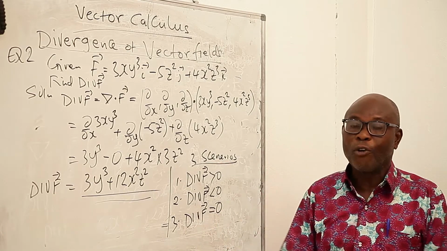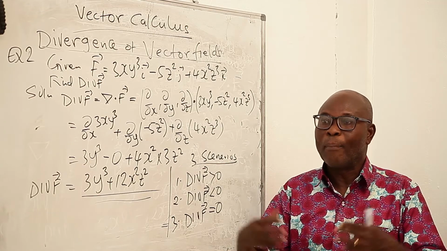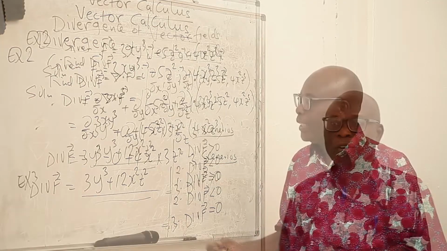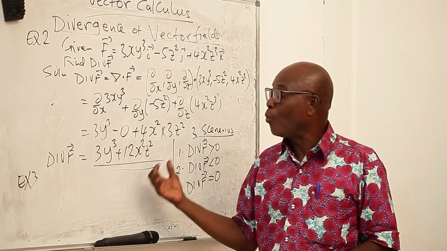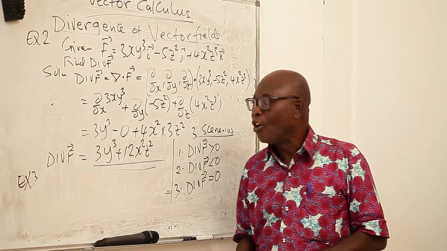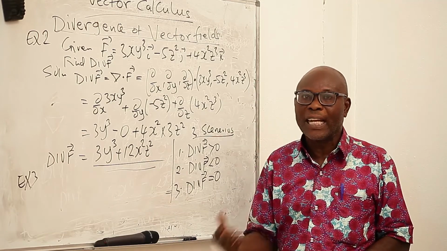It means that for any cross-sectional area, the inflow of the magnetic field or the electric field, taking example 3, we want to see the effects of the divergence at a given cross-sectional point.